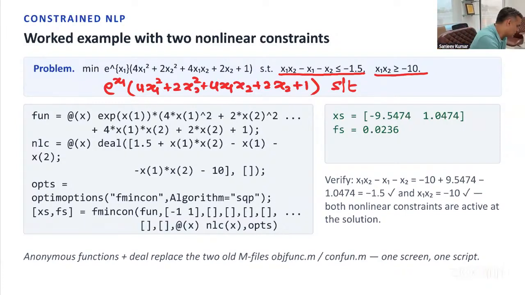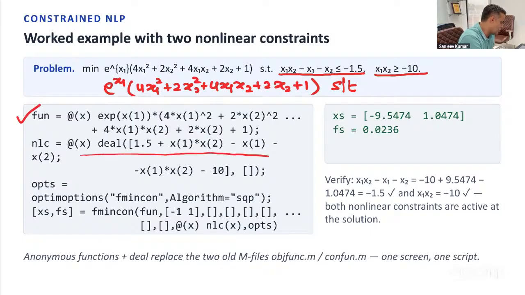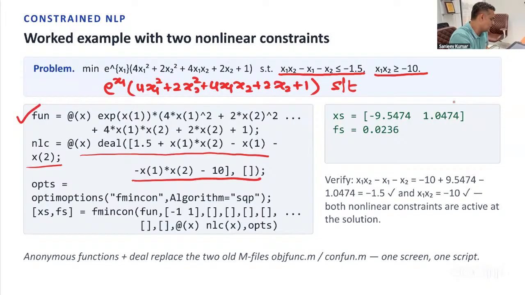You define your function. It is similar to what you have done in fminunc. Then you will define all your things like the constraint and so on, the second constraint. Then call fmincon with the algorithm which you want to use. There is a choice of algorithms.